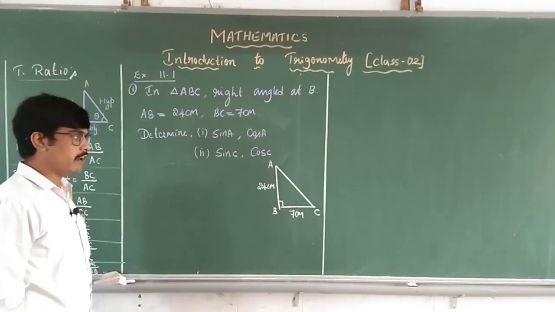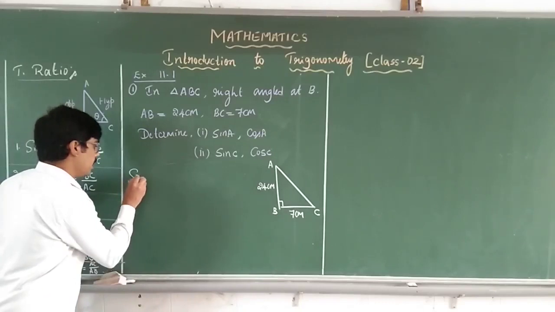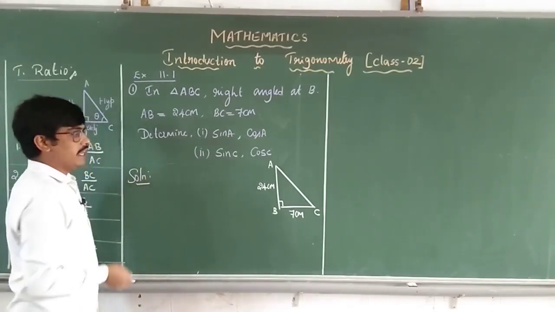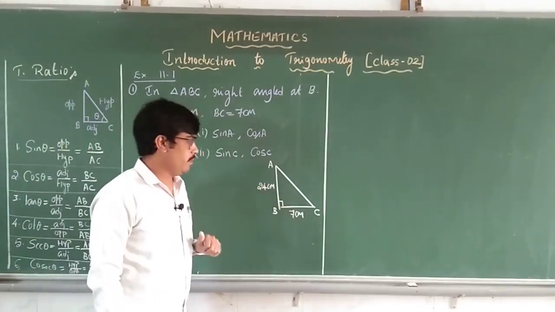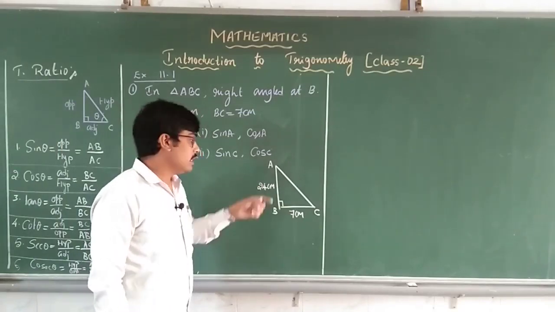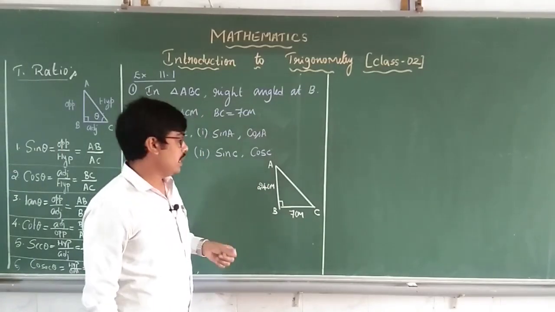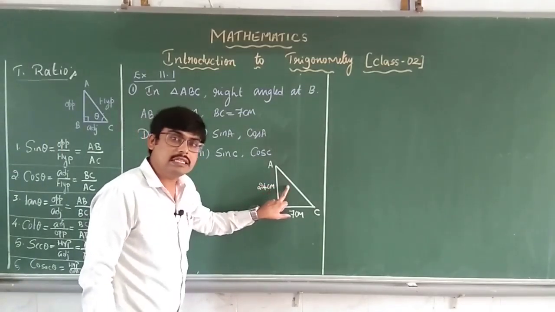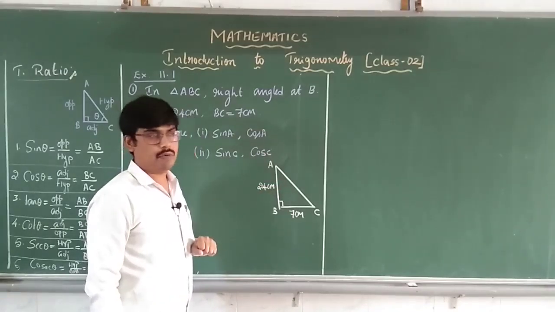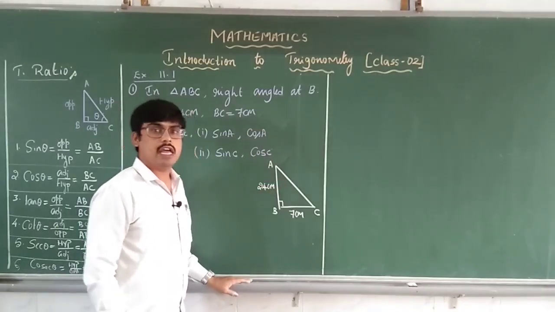Is it possible to find side AC? Yes. Since ABC is a right angle triangle, by using the Pythagoras theorem, we can find the third side of the triangle. What is the statement of the Pythagoras theorem?